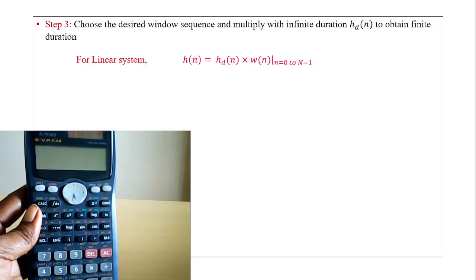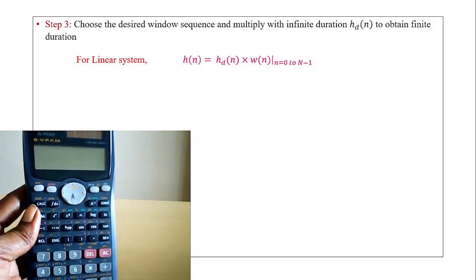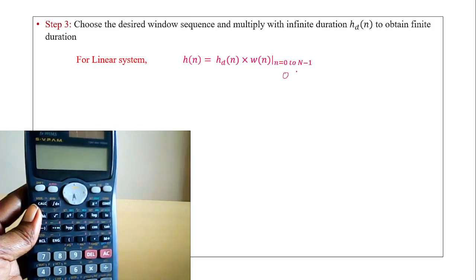For a linear phase system, h of n is equal to hd of n into w of n, with n from 0 to N minus 1, so here it is 0 to 10. So we can find hd of n, then we can find w of n.